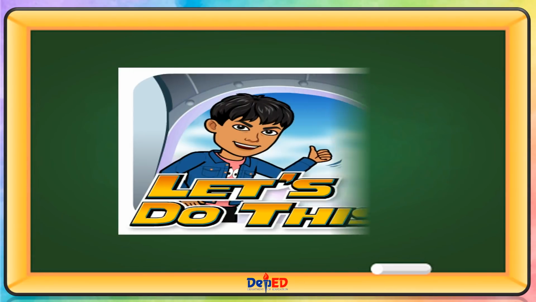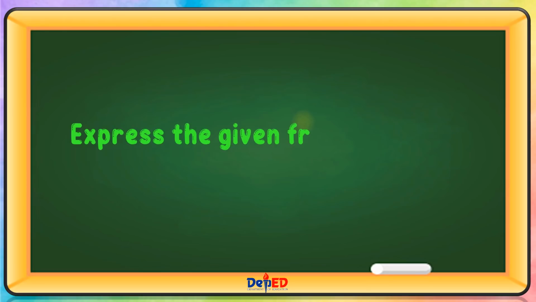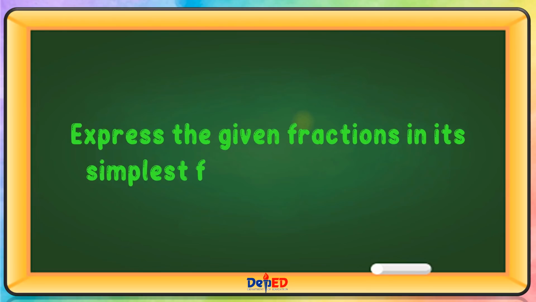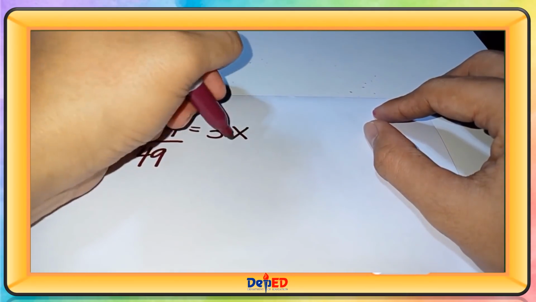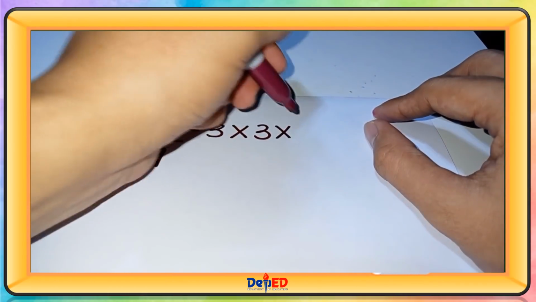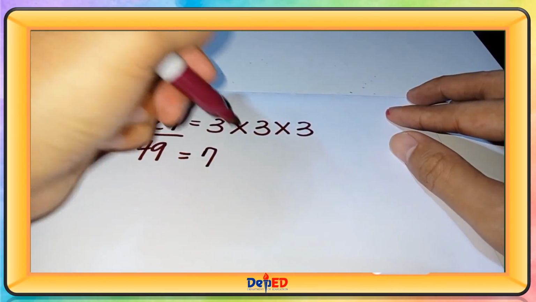Let's do this. Express the given fractions in its simplest form or lowest term. The prime factors of 27 is 3 times 3 times 3, while 49 is 7 times 7.